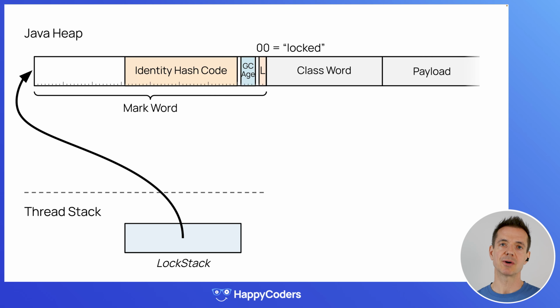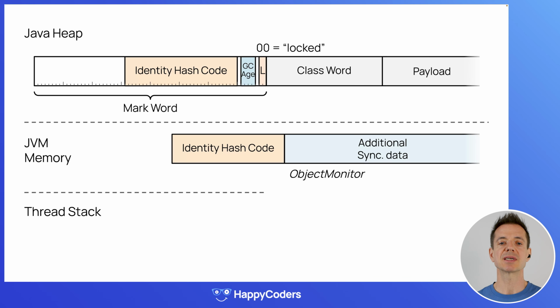Only when contention occurs, meaning when a second thread tries to enter the synchronized block, an object monitor is created in JVM memory, just like with stack locking, and the lock bits are set to 10, inflated. But even in the inflated state, the address of the object monitor is not written into the mark word.